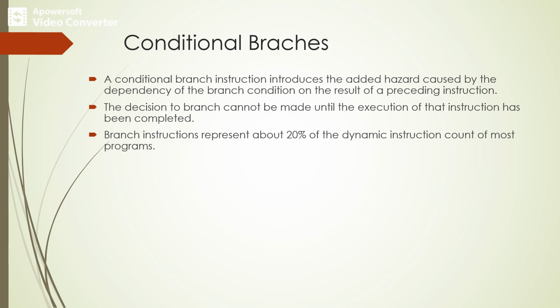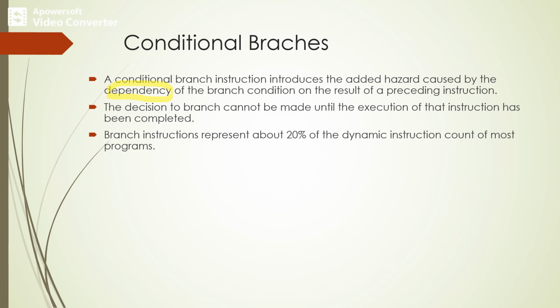Conditional branches: a conditional branch instruction introduces an added hazard caused by the dependency of the branch condition on the result of the preceding instruction. So a conditional branch instruction introduces an added hazard which may be caused by any dependency with respect to the branch condition.